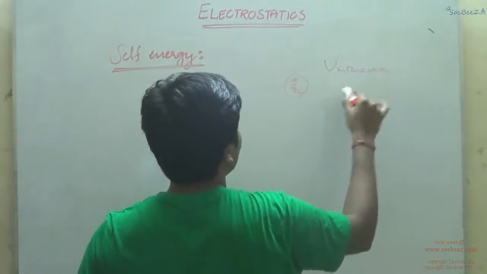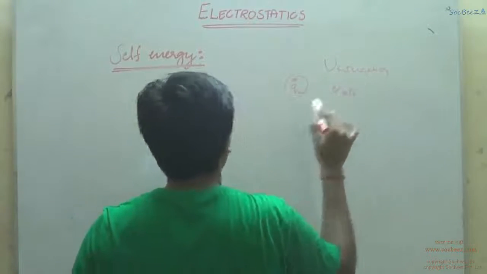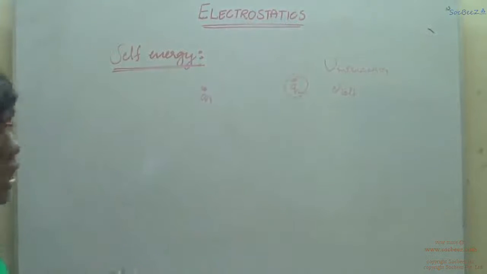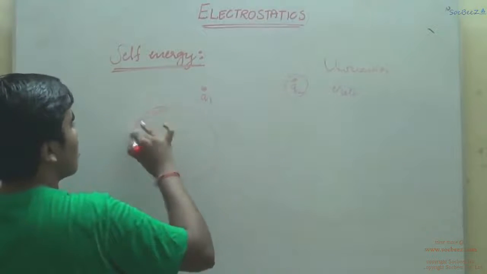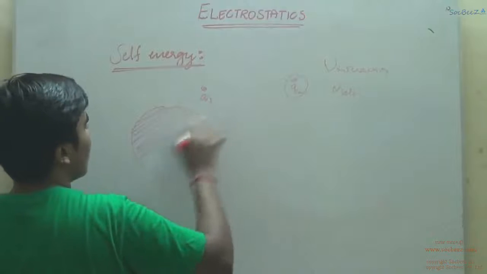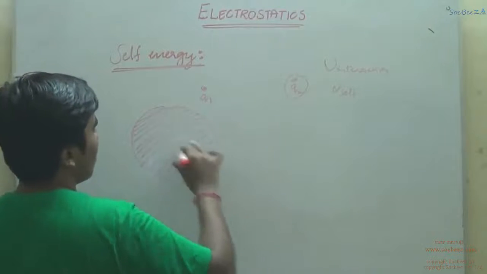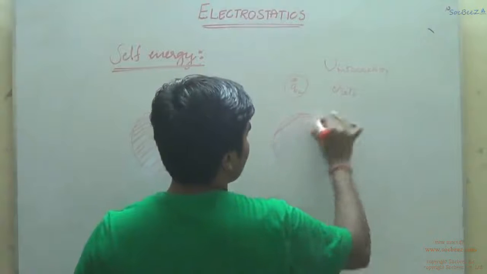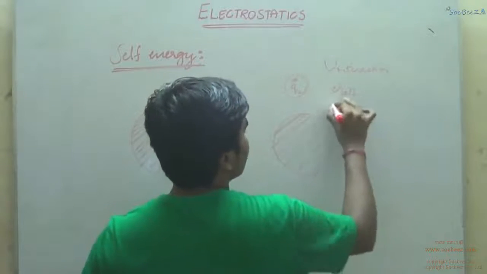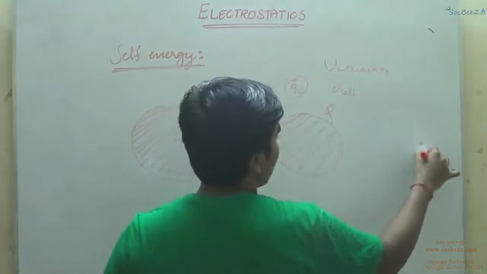There is something called U self energy. When does this come into action? It comes into action whenever we have extended bodies, like a sphere, like a solid conducting sphere. Suppose I have a system of a sphere of charge capital Q and a small charge q.